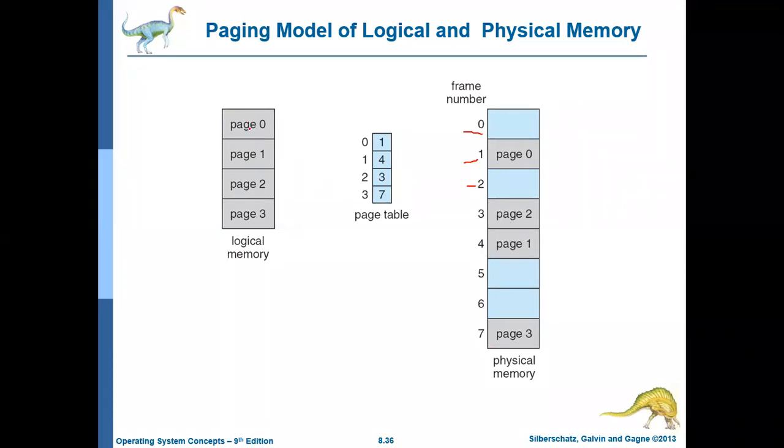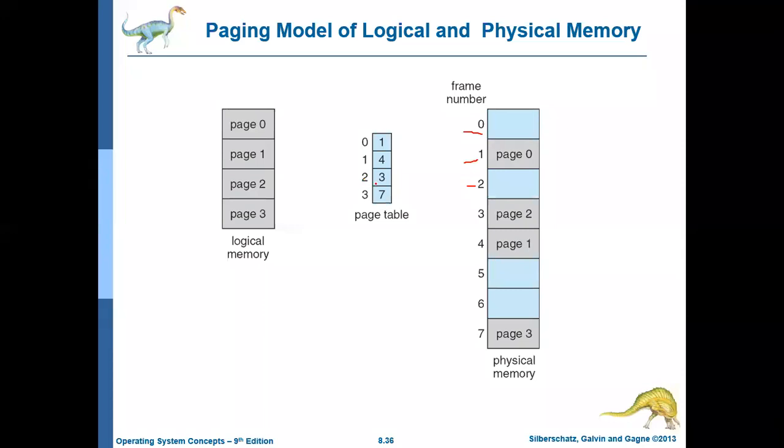So page number 0 is going where? Page number 0 is going to frame number 1. So frame number 1 will have page 0. Page number 1 is going to frame number 4. Frame number 4 has page number 1.